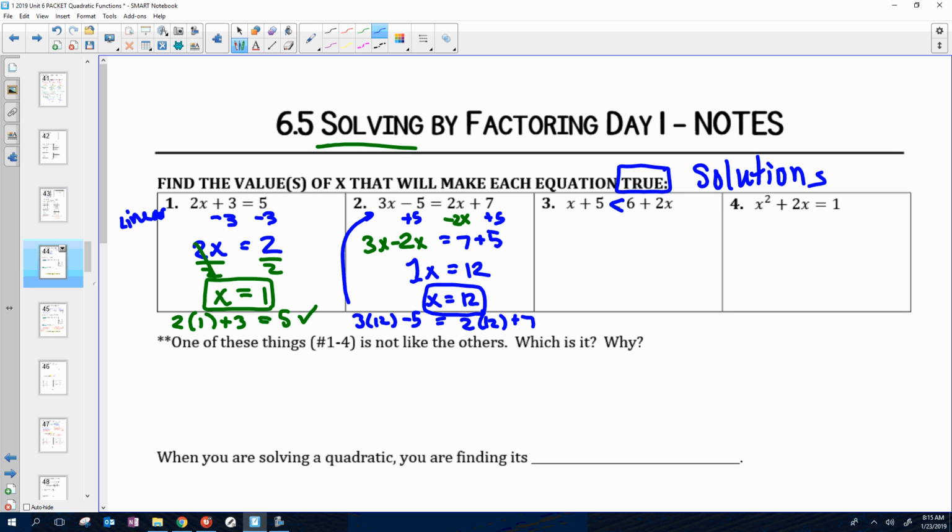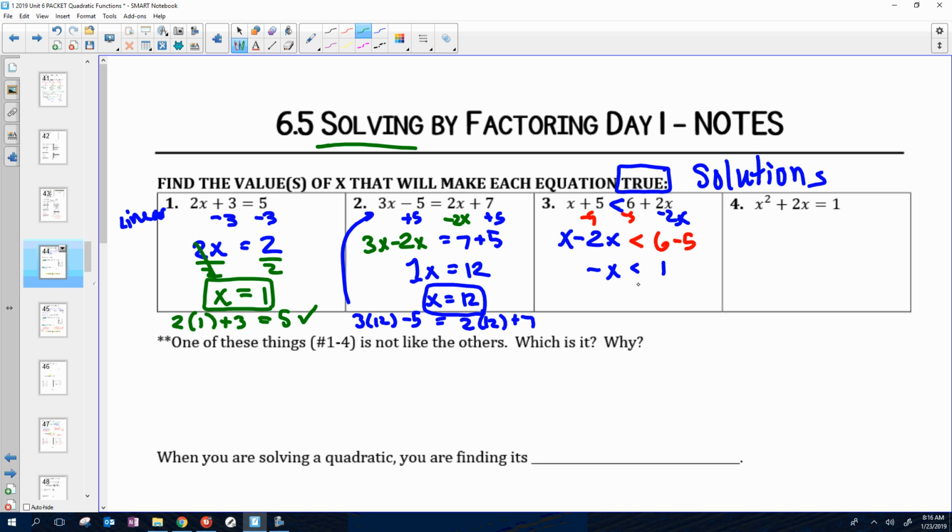Okay, this next one has a different symbol in it. This is an inequality symbol, but all the x's still only have a power of 1, so I'm going to do some sorting. x minus 2x, I'm moving the 2x, and at the same time, I'm going to subtract the 5. So I have less than 6 minus 5. Combining like terms, I have negative x is less than 1.